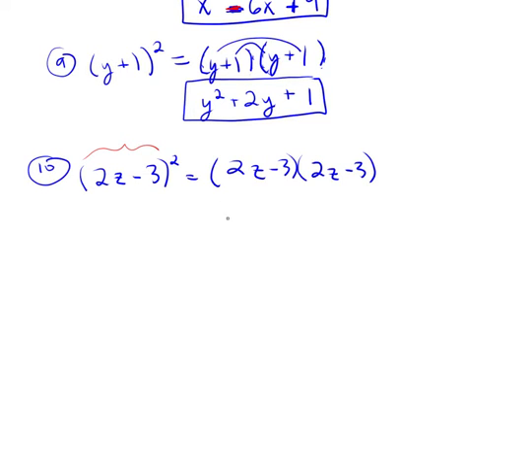Now, where does that 4z squared come from? Well, it's taking that first term times itself. So we can kind of think of that first term as that number, that first a, which is 2z squaring itself. Now we can kind of think about the second, the b, which is minus 3. We're going to square that too.